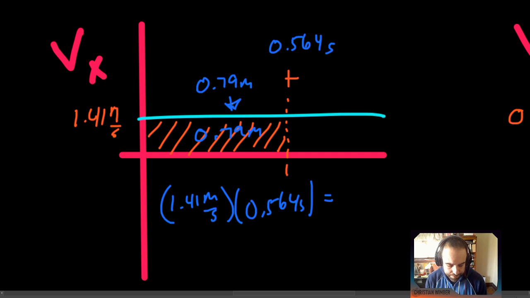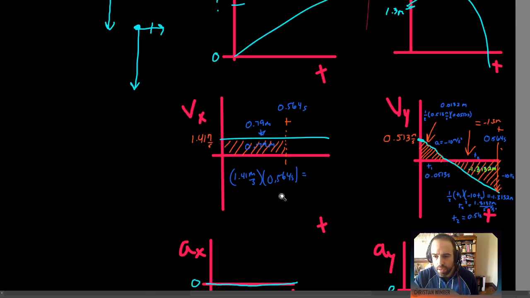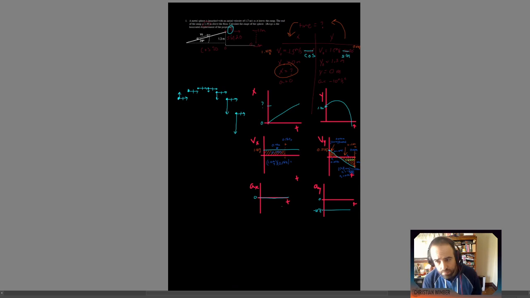All right, so just a quick reiteration of what we just did. All I did was look at the graphs we made from earlier. I figured out how much time it would take for the ball to hit the ground using the graph over here, the vertical velocity graph.